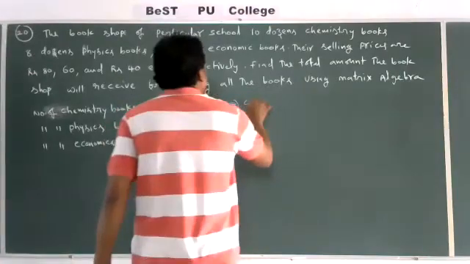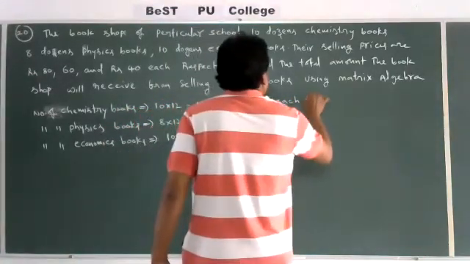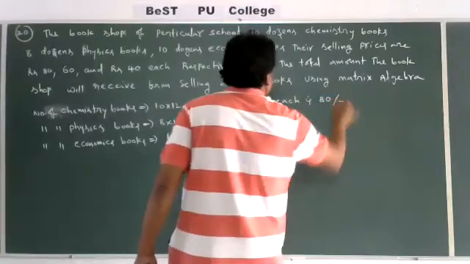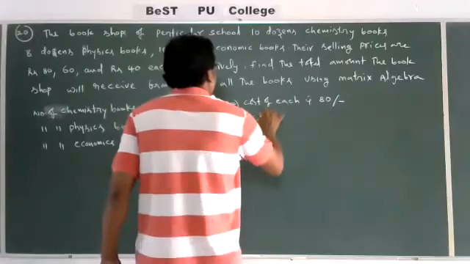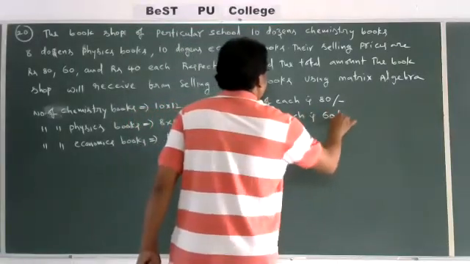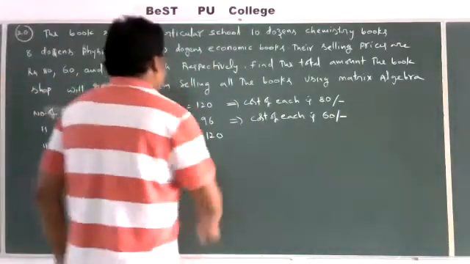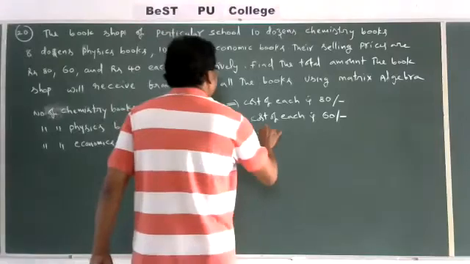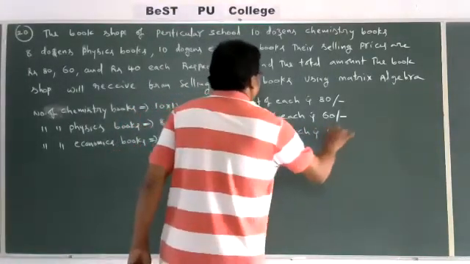The cost of each chemistry book is 80 rupees, the cost of each physics book is 60 rupees, and the cost of each economics book is 40 rupees.